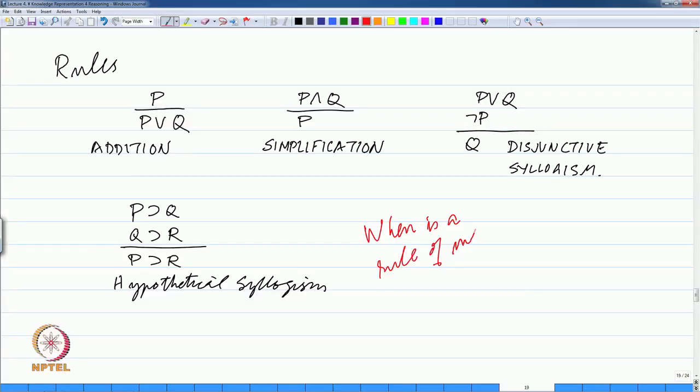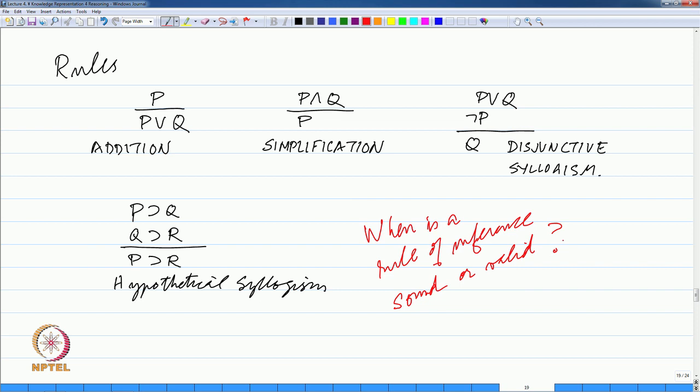The question that we want to ask is when is a rule sound or valid. When is it okay to add this new formula?